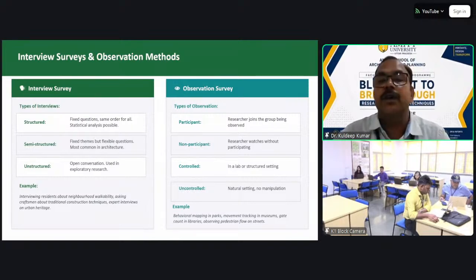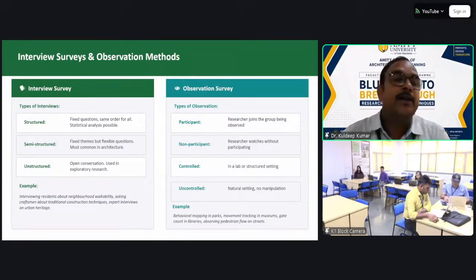These interview surveys are of three types: structured, semi-structured, and unstructured. Structured interviews follow a fixed script, same questions, same order for every respondent, and this produces data which is directly comparable across respondents. It is used when you need to analyze a pattern across a large sample.